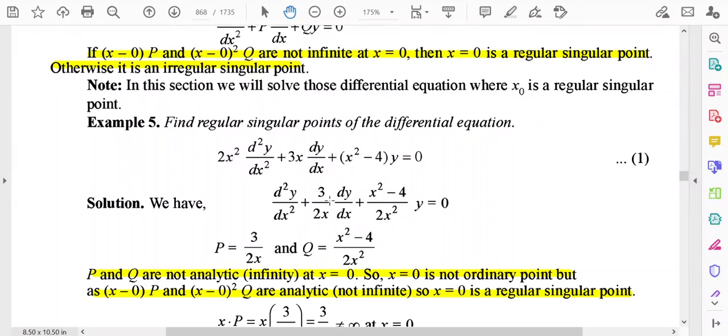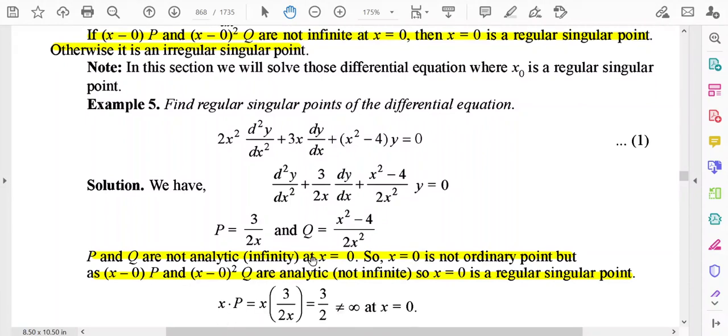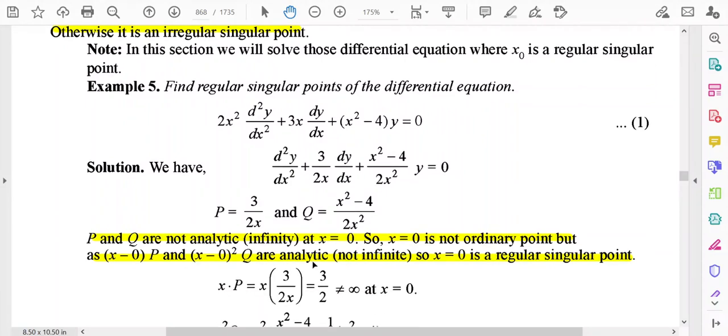So the value of p is 3 by 2x and value of q is x square minus 4 divided by 2x square. So this is p and this is q. Now it is clearly seen that if we put x is equal to 0, then p will become infinite. So clearly x is equal to 0 is not ordinary point.